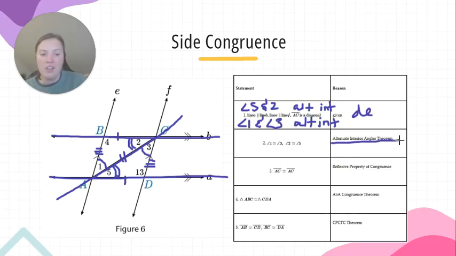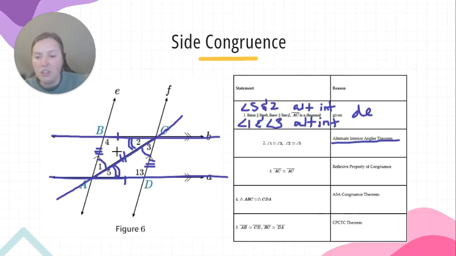Now, by the alternate interior angle theorem, that's how we know that they're congruent to each other. They've kind of put it all in one, but that's how we know. We know by definition they're alternate interior, and then by the alternate interior angle theorem, we have congruent angles. So they're equal, same size, same shape. That gives us our first step.